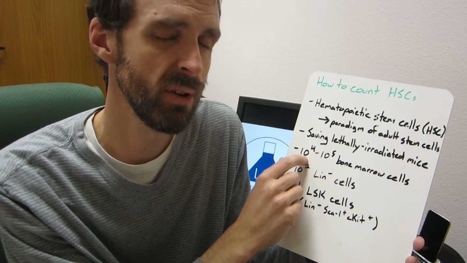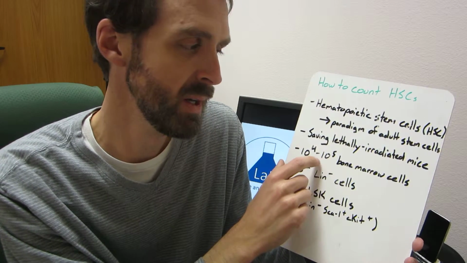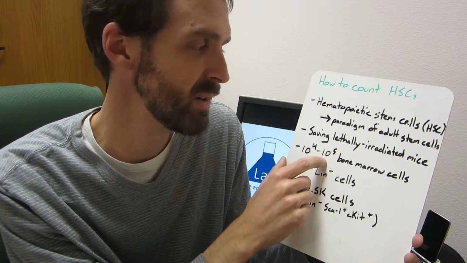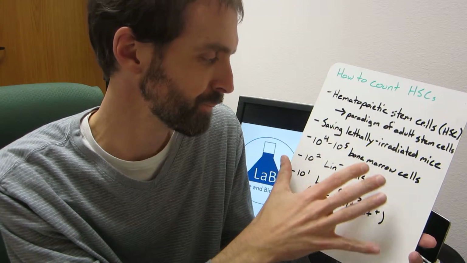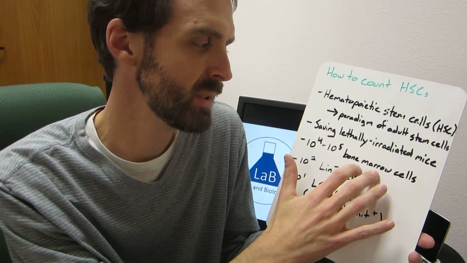With 10 to the fourth, you only rescued it sometimes. With 10 to the fifth, you rescued it pretty much all the time. And so they were able to estimate that about 1 in 50,000 mouse bone marrow cells is an adult hematopoietic stem cell.